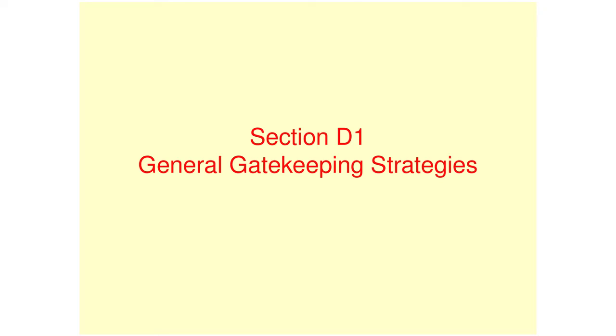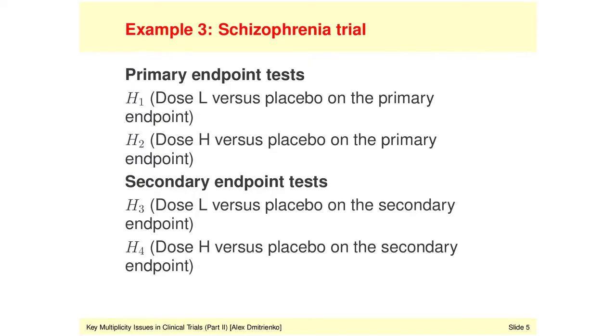Section D1, General Gatekeeping Strategies. To define a general setting that will be considered in this module, we're going to return to example 3 that was introduced in Module A. This is the clinical trial example based on a phase 3 clinical trial in patients with acute schizophrenia.